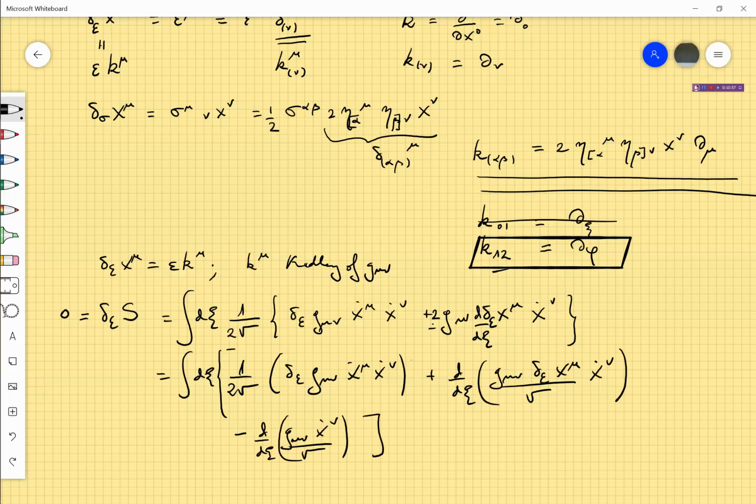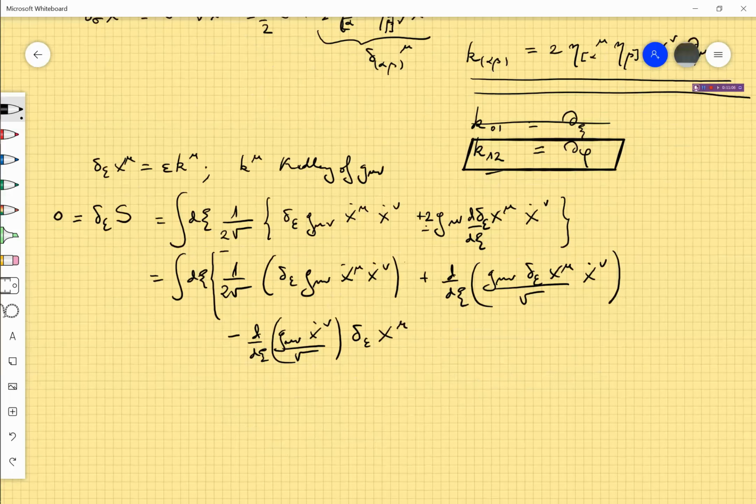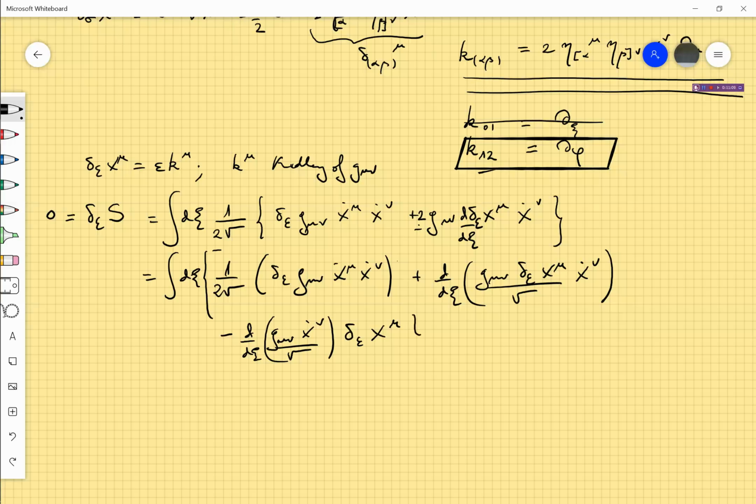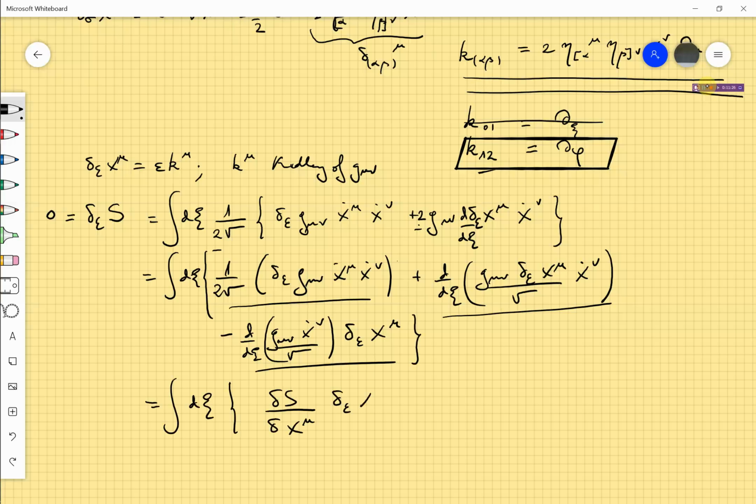I don't need to go into all the details because I know that these two terms will combine into the equation of motion. We have done this 100 times. The only term that does not combine into the equations of motion is the total derivative. So this is just this and the total derivative.